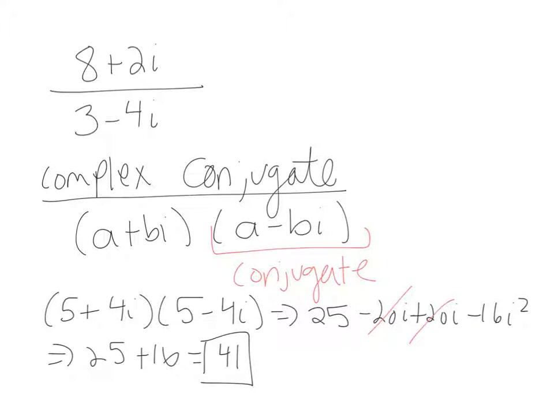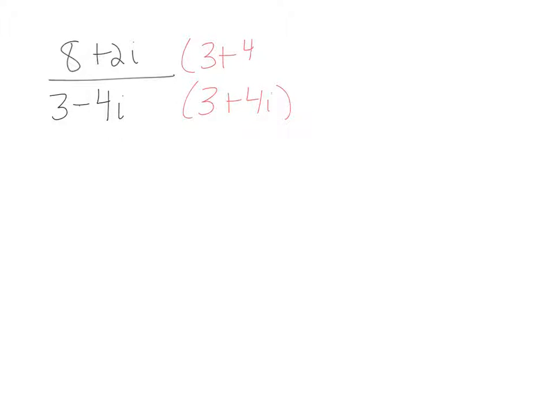So if I go back to, right, we want to rationalize the denominator. So what I'm going to do is I'm going to actually multiply the top and the bottom by the conjugate.